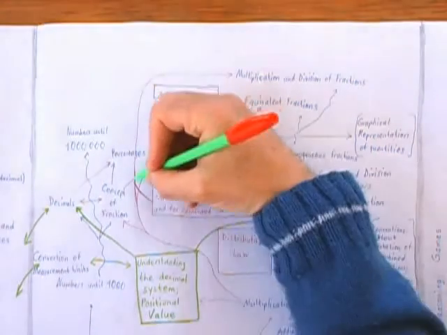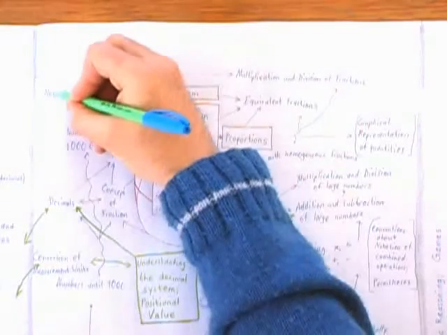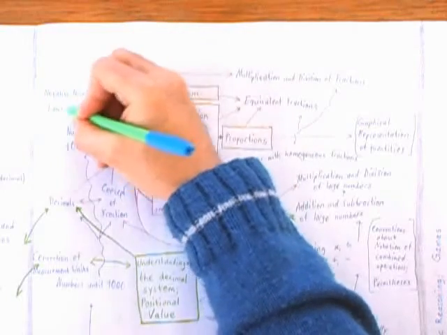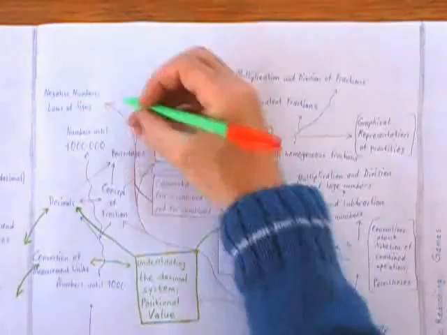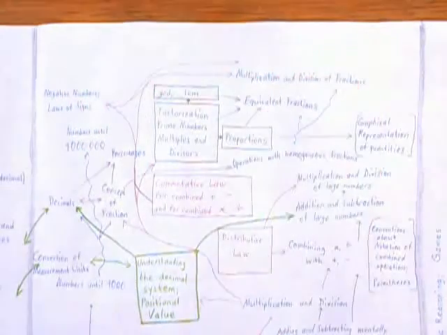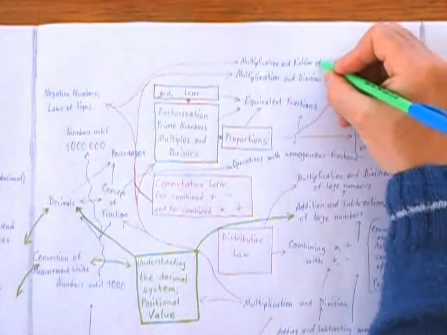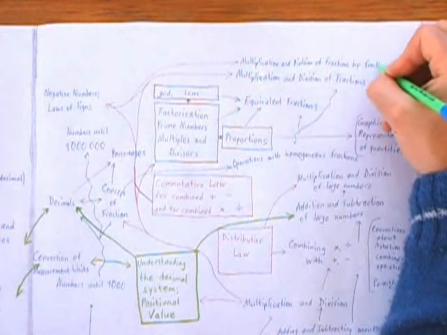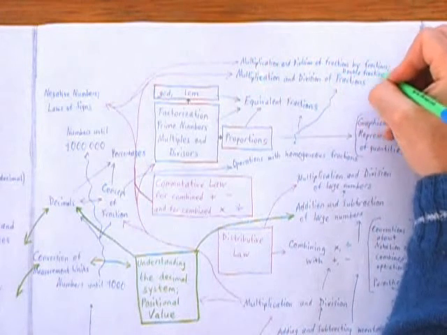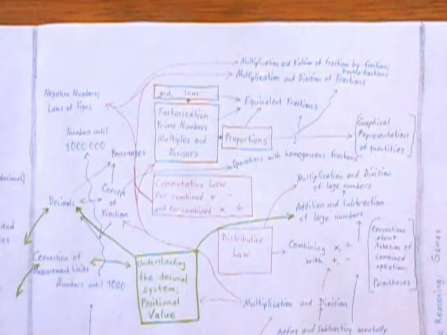Some topics we may perhaps add here are these: negative numbers and the laws of signs. This has in turn some implications for multiplication and division of fractions by fractions, since the laws for operations of the second level, multiplication and division, are completely analogous to the laws of addition and subtraction.